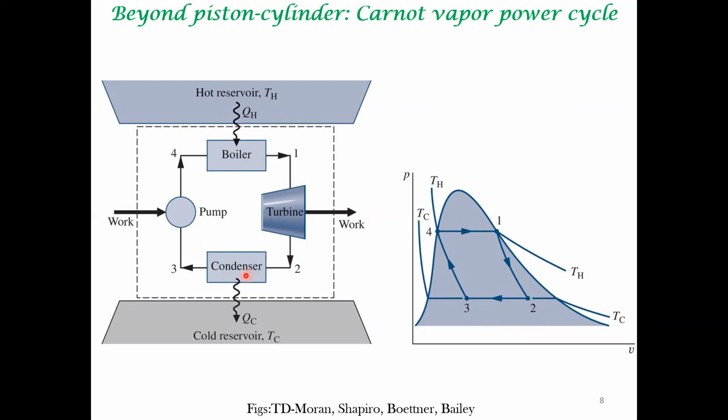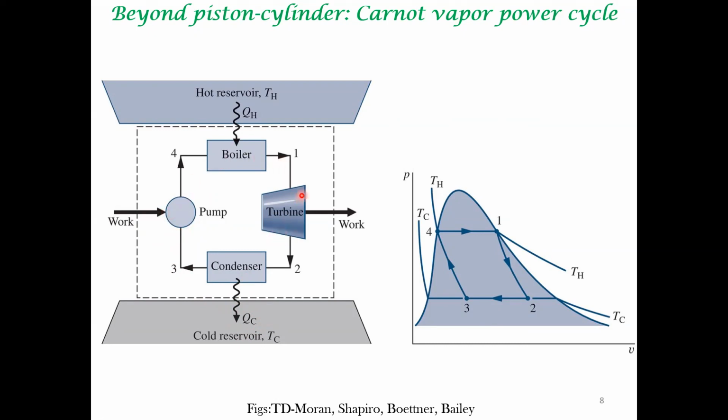When there is condensation, new bonds are formed. Because of new bond formation, there is a heat release, and this heat is given off to a cold reservoir. Then a pump is used to pump the liquid from the condenser to the boiler. So there's work input here, and there can be phase change here.